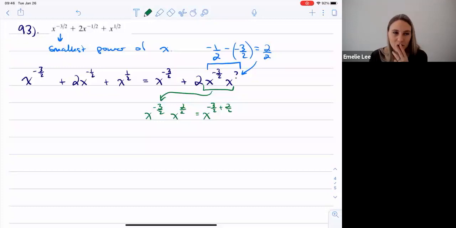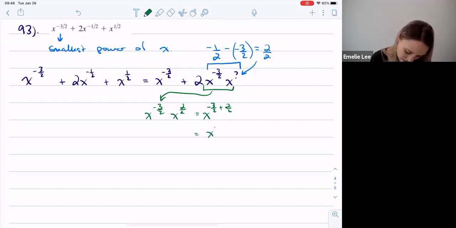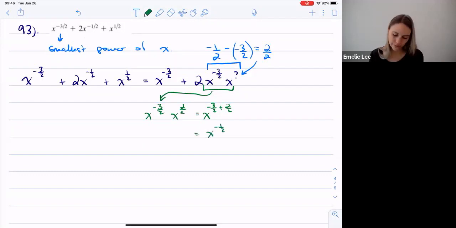Which if I simplify this, right, I should get negative 3 plus 2, which is negative 1 over 2, which is exactly what we want. So this is x to the negative 1 over 2. Okay. So this question mark is going to be 2 over 2.